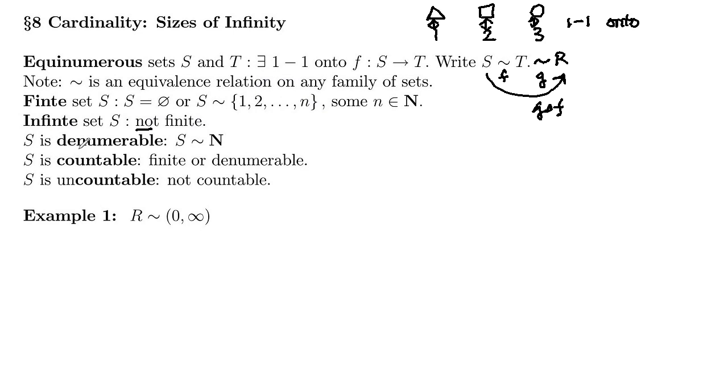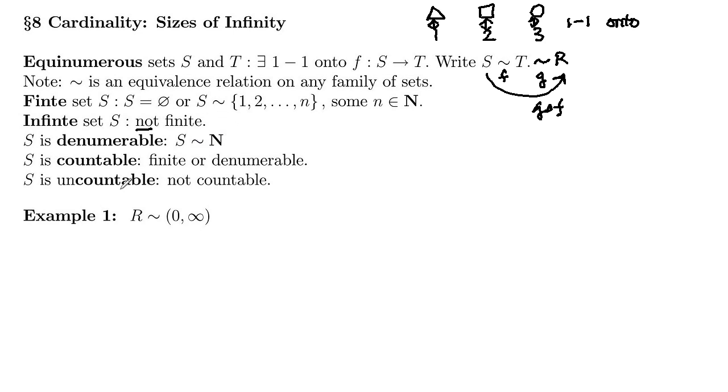Now, a special kind of infinite, the smallest kind of infinite, is what's called enumerable. And those are sets S that are equinumerous with the natural numbers. So the natural numbers are actually the smallest size of infinity. And then we say that a set S is countable if it's either finite or it's enumerable. So you can either put it in one-to-one correspondence with 1 through n, or you can put it in one-to-one correspondence with the natural numbers.